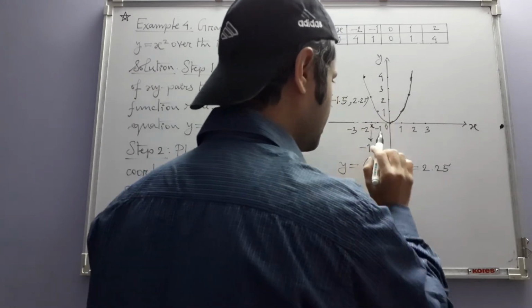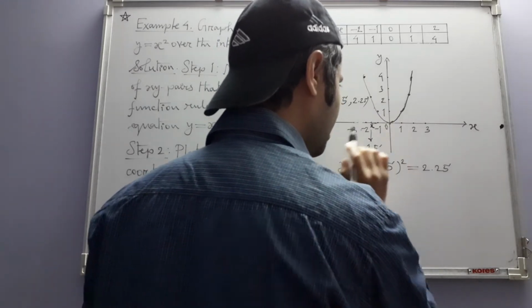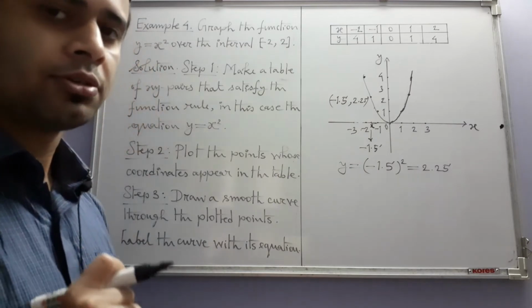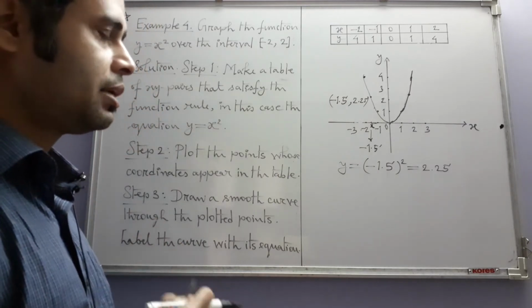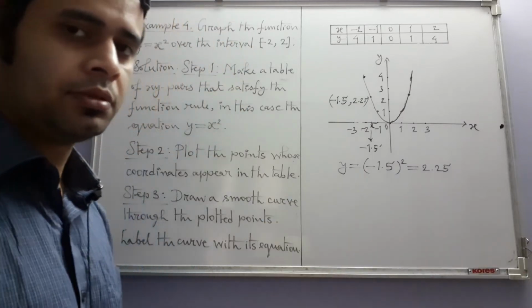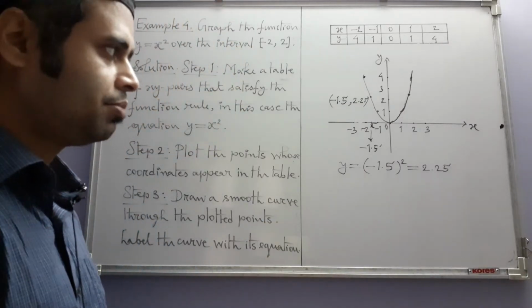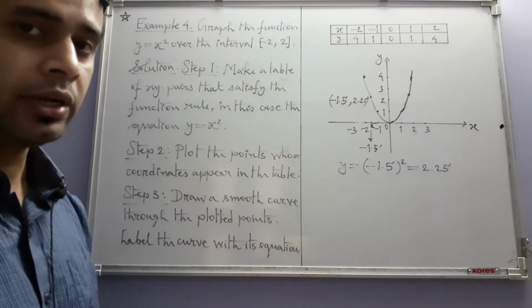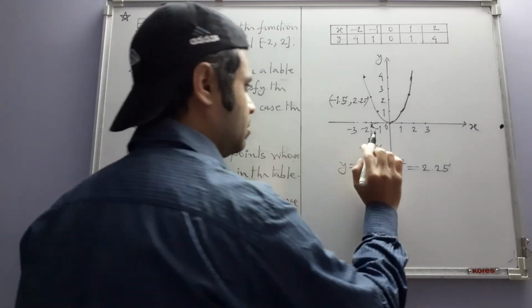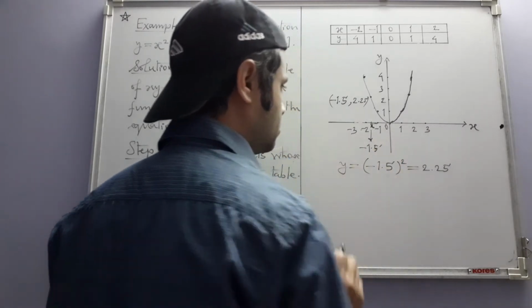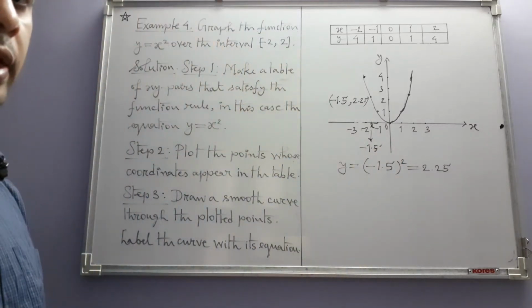There are infinitely many values of x that can be chosen as input. So should our table be infinite? Should it contain all the pairs? Ideally it should contain all the pairs, but that is impossible. You cannot do that.